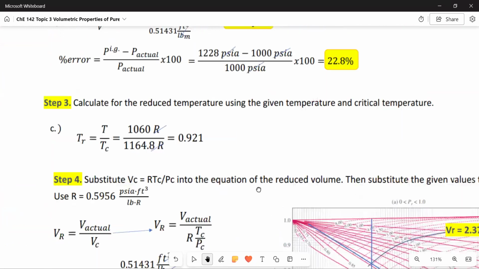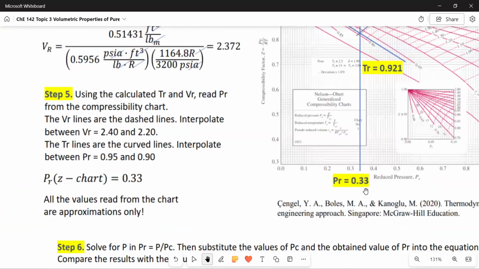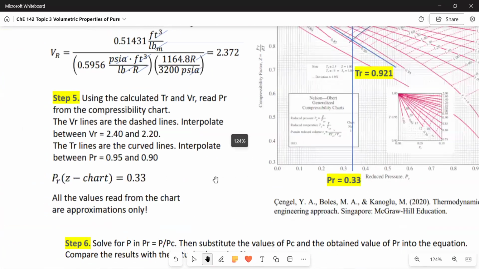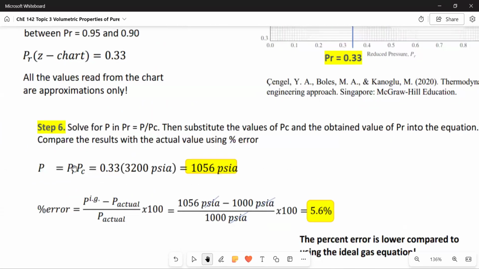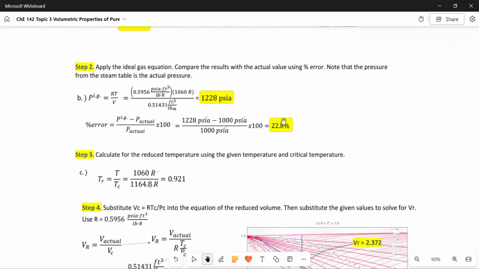So with that, you can read off the PR and then solve for the actual P by multiplying it with the critical pressure. So you get 1056 psia and compare that with the steam table value, which is lesser than what we calculated using the ideal gas equation.